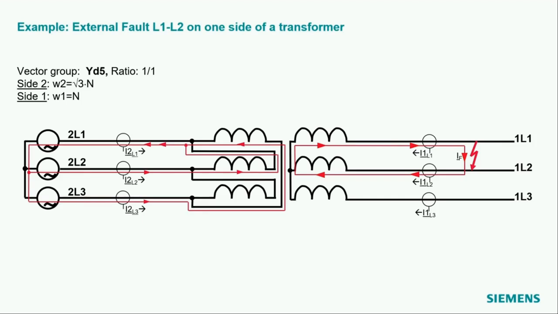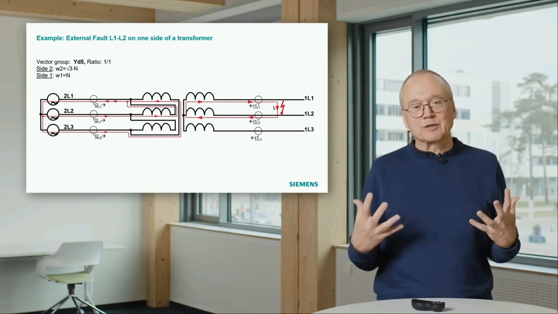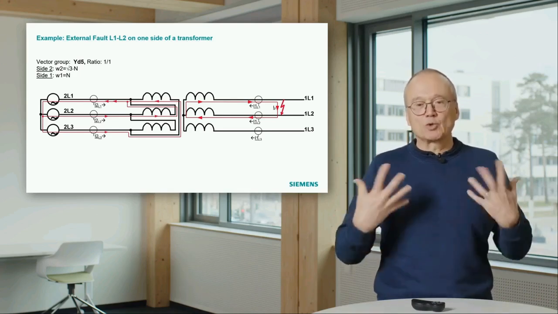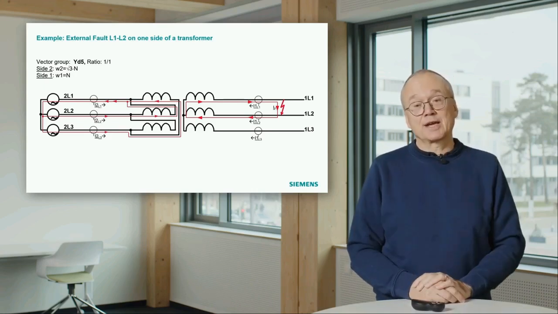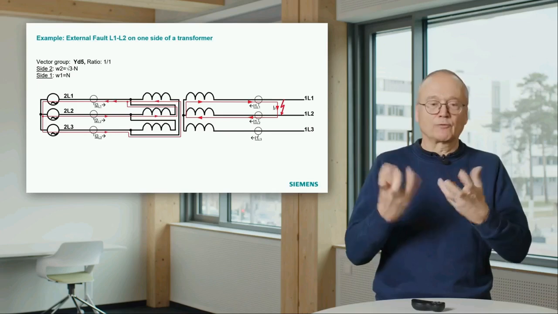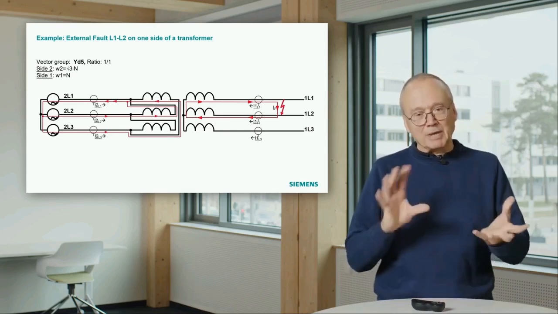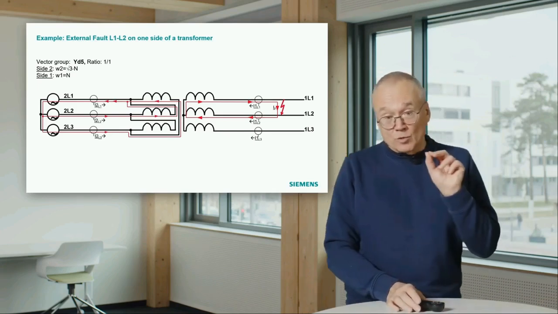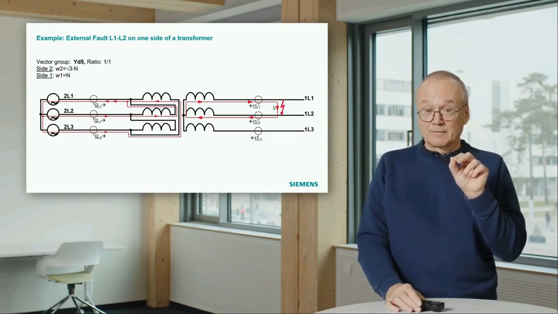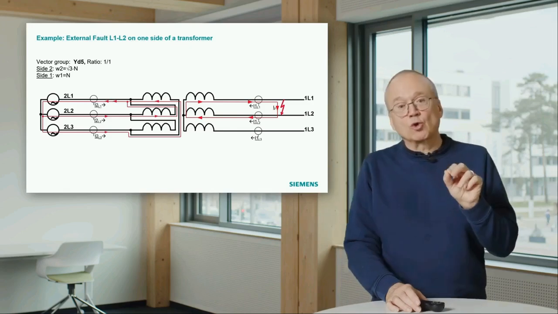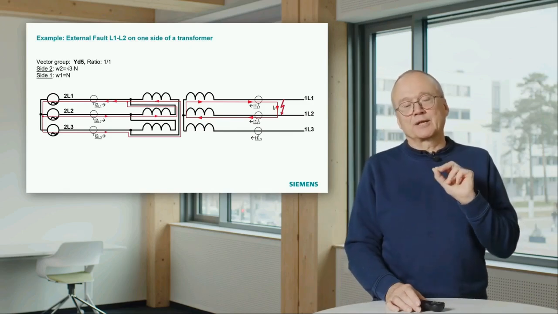And you can imagine if you apply the differential protection concept to that, you will always see, for instance in this case, a differential current just coming from this strange behavior of the windings. The reason for that is that the current transformers do not show the current in the windings.